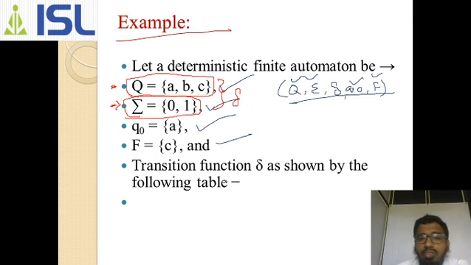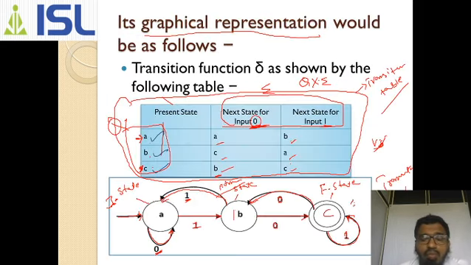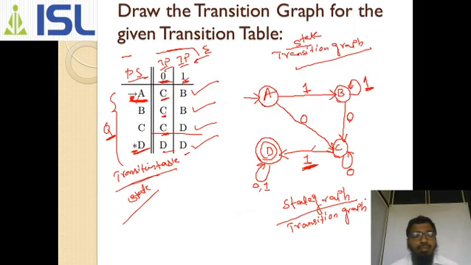Fine. So we took the example Q equals A, B, C, sigma equals 0 comma 1, Q0 is equal to A, F is equal to C, okay, and we performed some operations. This is a transition table, and this is what we call a transition graph. We drew the transition graph for the given transition table.